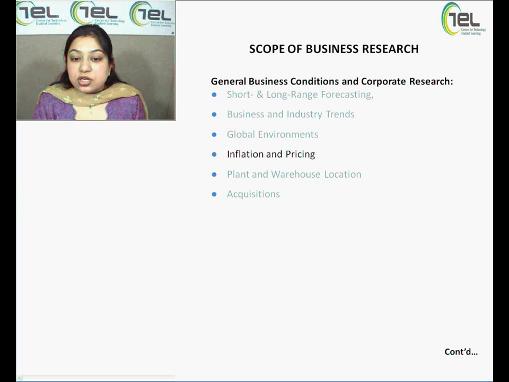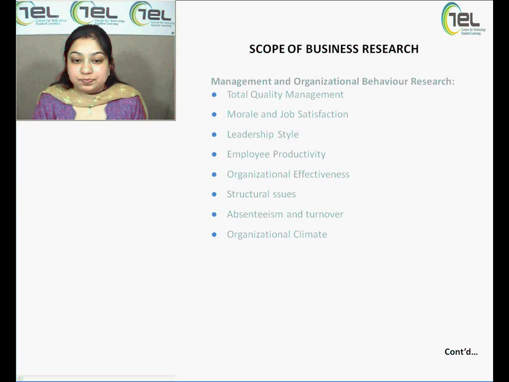Whenever a researcher is trying to identify the inflation rate or the price of a particular product, they apply business research methods. Plant and warehouse location and acquisition is another area where it is applied. Then management and organizational behavior research.